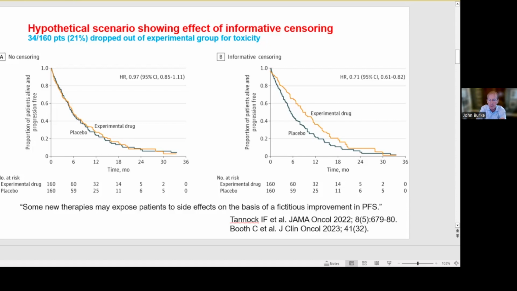You're analyzing only the patients who have made it to their first response assessment. And that becomes a problem because then you're not dealing with analysis by intent to treat, and that is introducing bias into your analysis. So that's what informative censoring is, and it can lead to apparent improvements in benefits of a drug when in fact there are no improvements in benefits. All you've done is create toxicities with the drug.